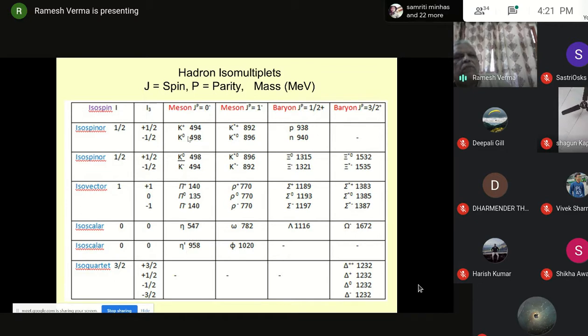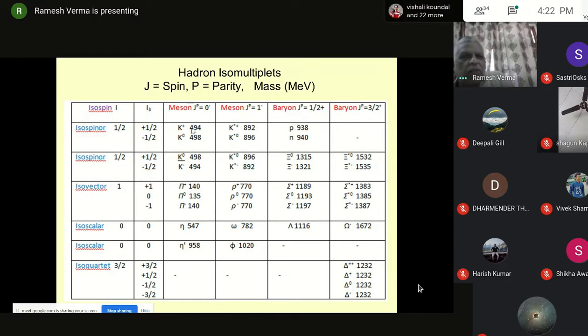So what we are seeing here are different isomultiplets. Later on, we will put all these 8-9 particles in one bigger multiplet, which will indicate the presence of a higher symmetry, that is SU3. For now we are restricting to SU2 isospin multiplets.